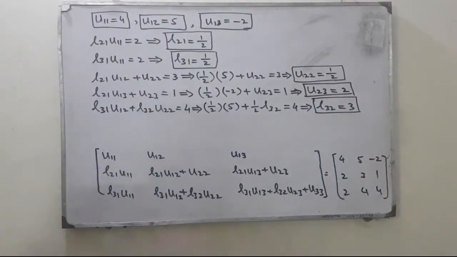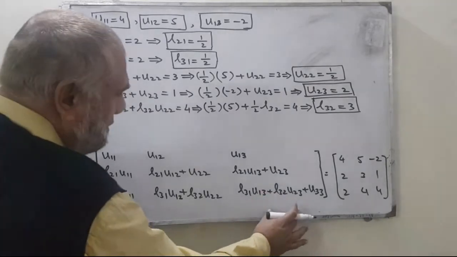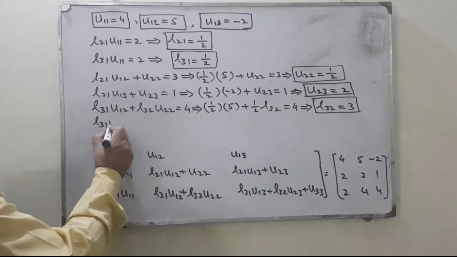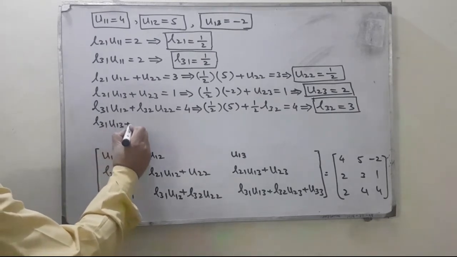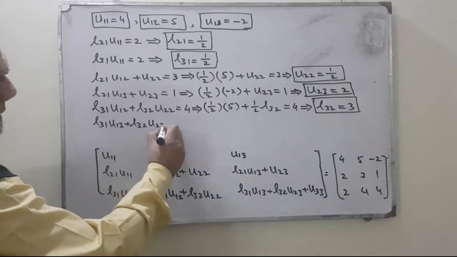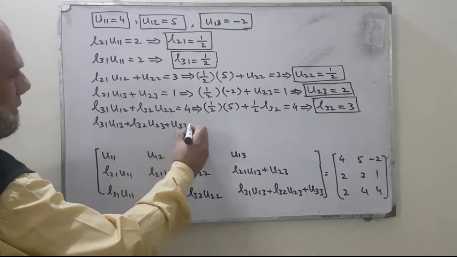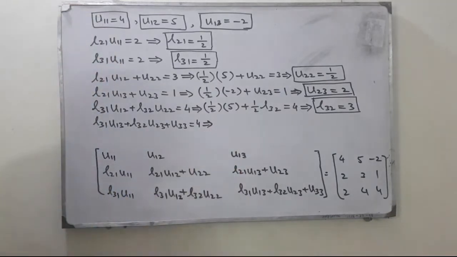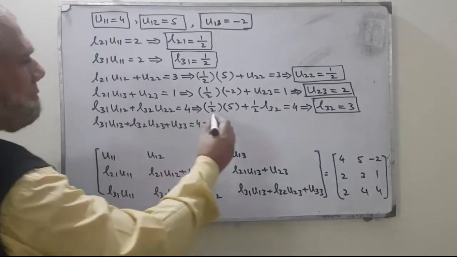And the last entity is this one. We are using L31 U13, L32 U23 plus U33, and the net result is equal to 4. And from here we substitute the corresponding values.